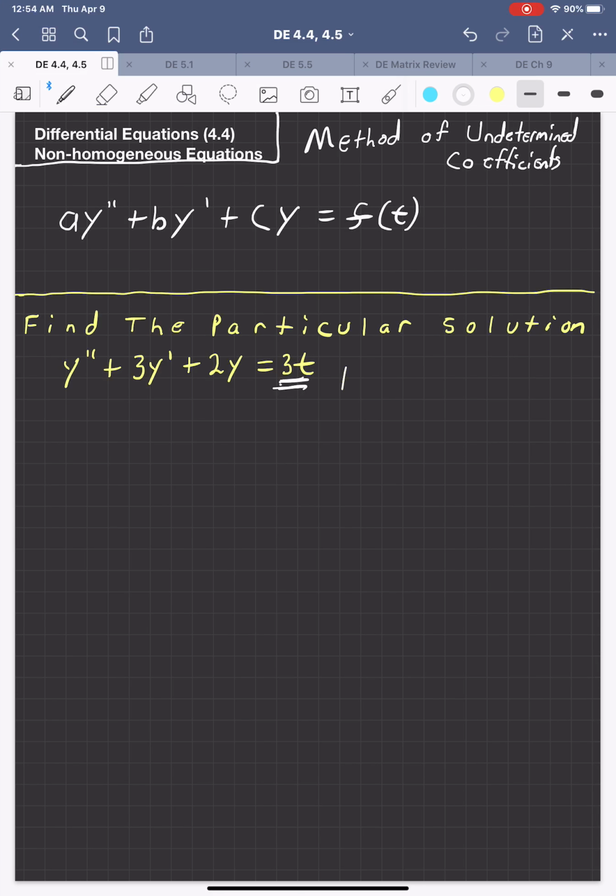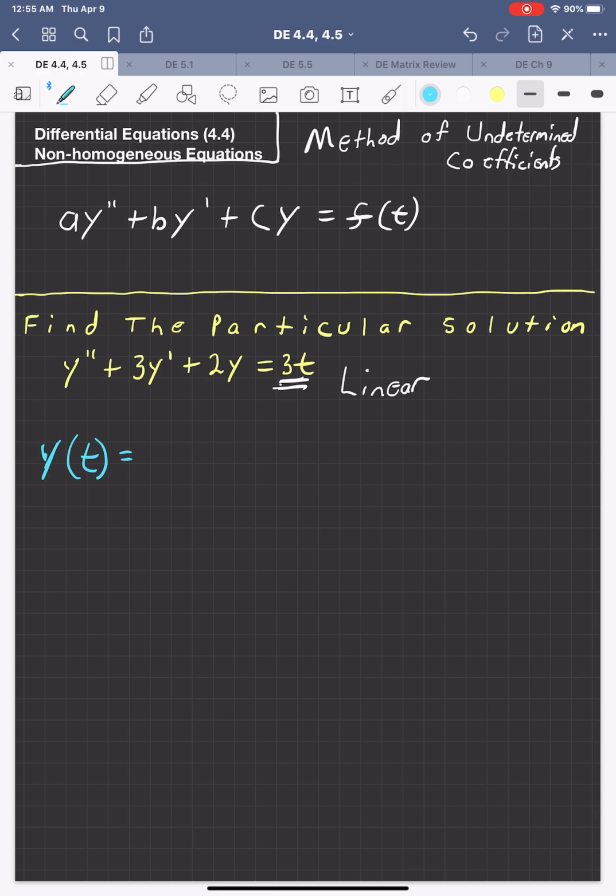That makes sense, because if the second derivative plus the first derivative plus the 0th derivative is somehow going to be a linear function, 3t is linear. As I said, instead of doing the theory up front, let's take a guess of what's a good y of t to use.